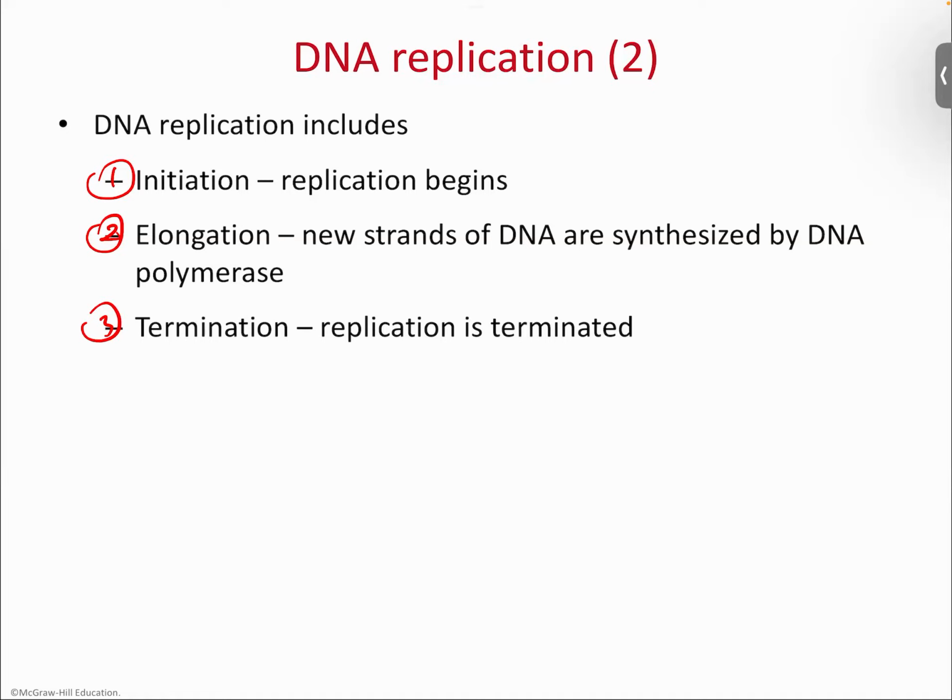There's a termination for transcription, when you're done transcribing a copy of your DNA, and there's a termination point or an end to your translation, where you basically end your translation event. So all three of these major mechanisms, DNA replication, transcription, and translation, all have the same three-step mechanism: initiation, elongation, and then termination. Okay. Now, most everything we talk about with respect to these three fits into one of these three major phases.